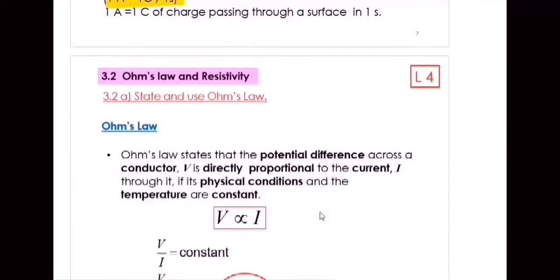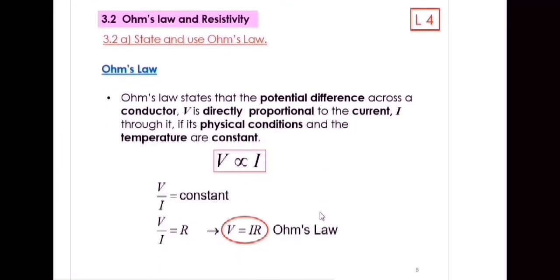And the next very important law is Ohm's law. You should be able to state and use Ohm's law. Ohm's law states that a potential difference V across a conductor is directly proportional to the current I through it if its physical conditions and temperature are constant.